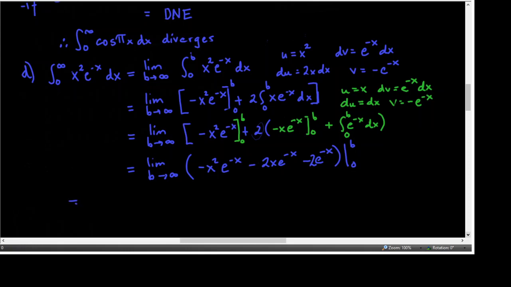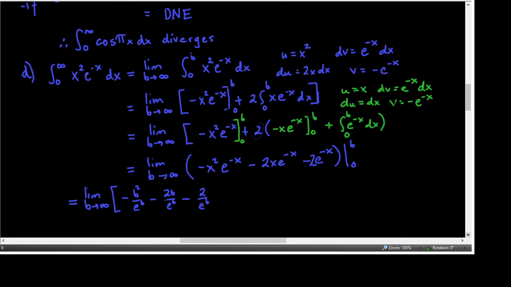So, I'll move over a little bit so I have a bit more room. So what do I substitute in first? It's b. So this is going to be the opposite of b squared over e to the b, minus 2b over e to the b, minus 2 over e to the b.